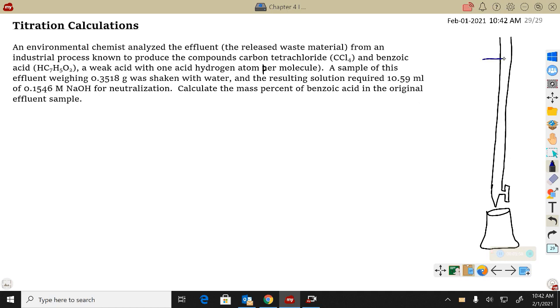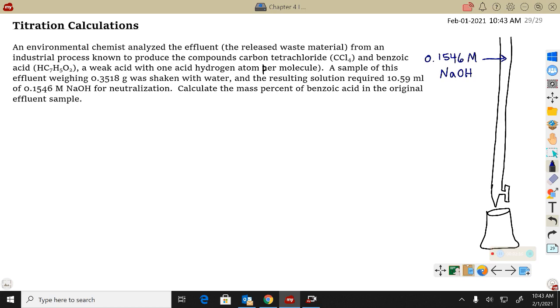So up in here is going to be my 0.1546 molar NaOH. That's in the burette. And eventually, I'm going to drip that sodium hydroxide solution into the flask.